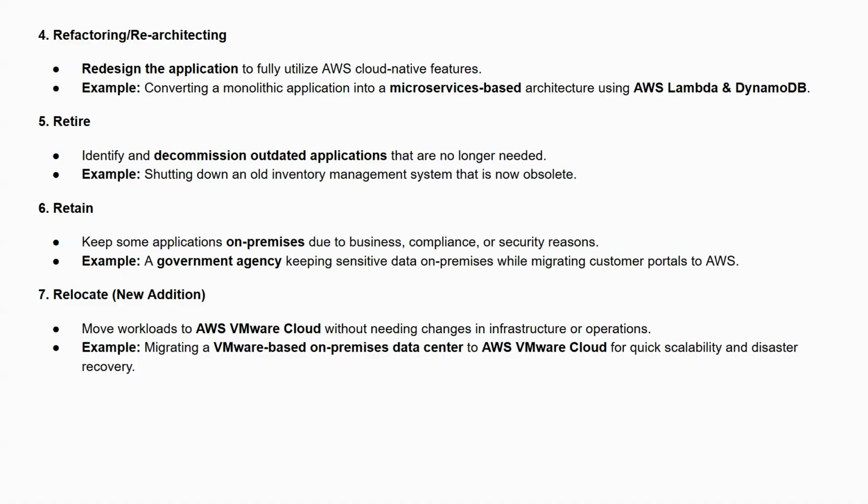Which services we are not using, we'll just close that application and we won't migrate it to the cloud. Retain, keep some applications on-premises due to business compliance or security reasons. Even a payment gateway or any insecure data, we'll access through on-premises itself.